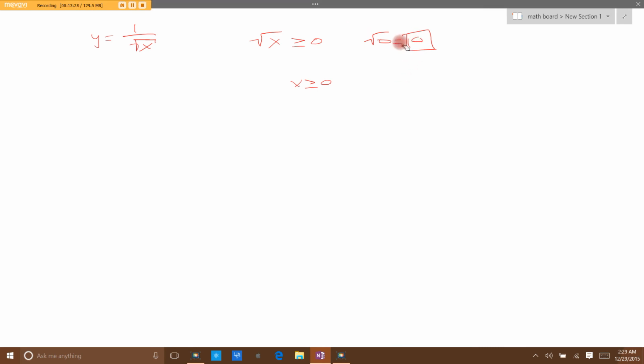That's not 10, that is 0. So x has to be greater than or equal to 0, right? So your domain for this function alone would be 0 to infinity, because you can use any x value going from 0 to infinity as long as it's positive or 0. And another thing is 0 is neutral. It's not positive or negative, so you can say 0 or positive, right?